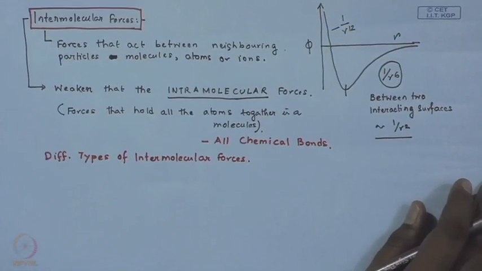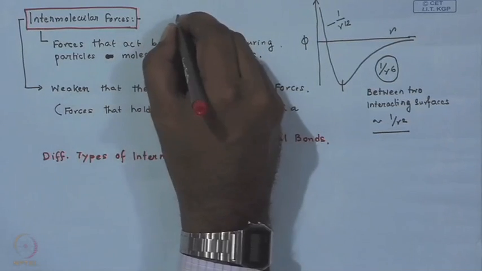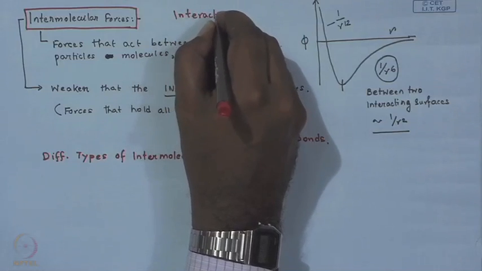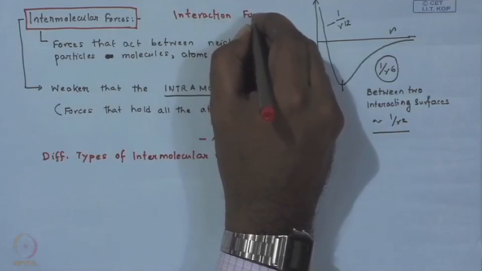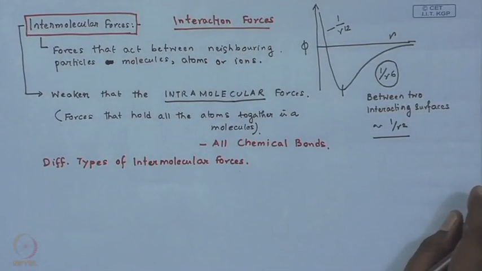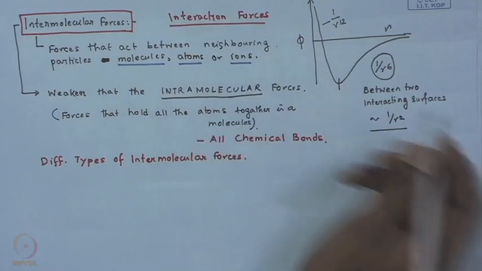The other important thing is that I will often use another word interchangeably, the interaction forces, and at times you will find that this is a more appropriate word, because we write intermolecular forces but we are talking about interaction between molecules, atoms or ions.